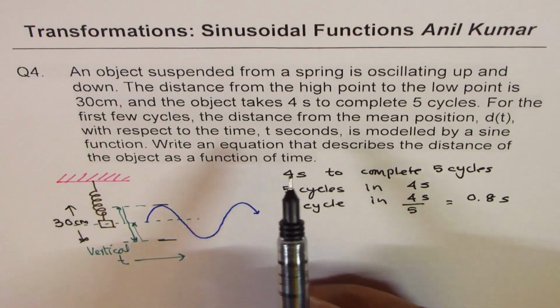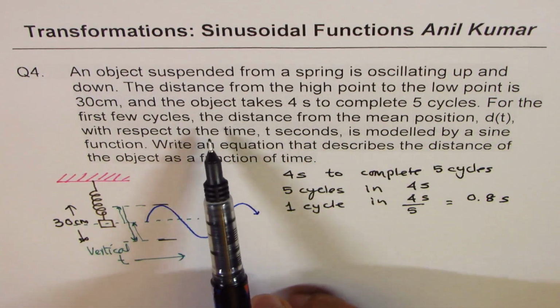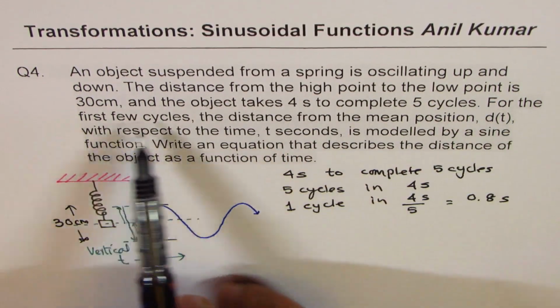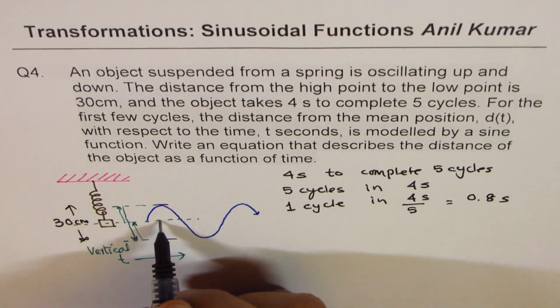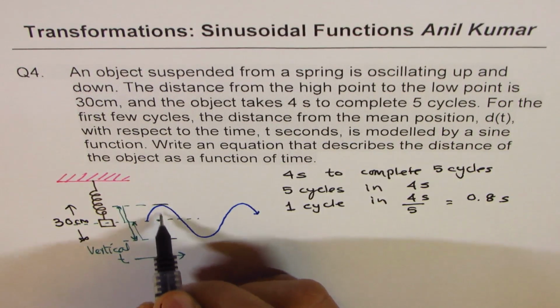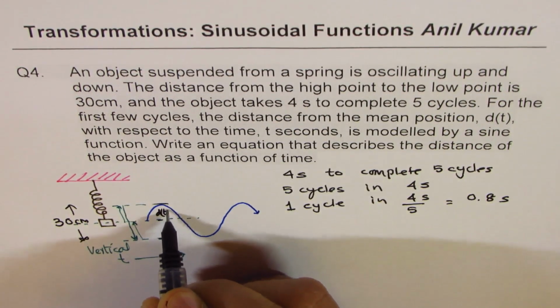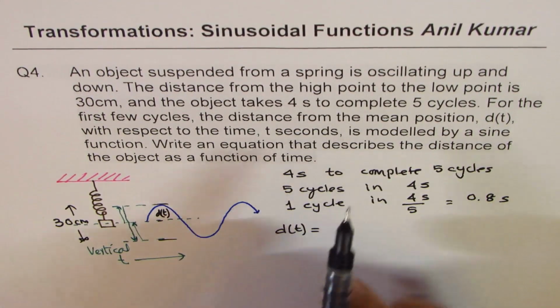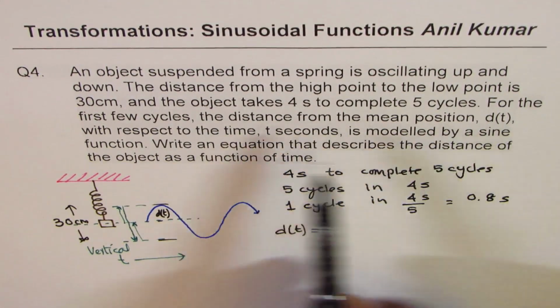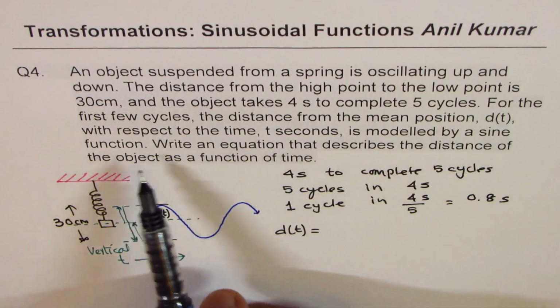Now, in this case, what are we asking for? For the first few cycles, the distance from the mean position, d(t). So the height from the mean is d(t). That means distance with time is modeled by a sine wave.